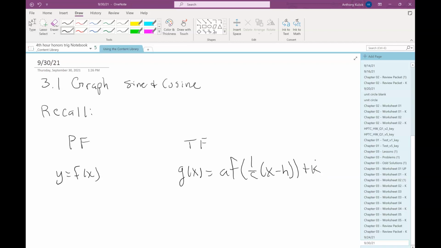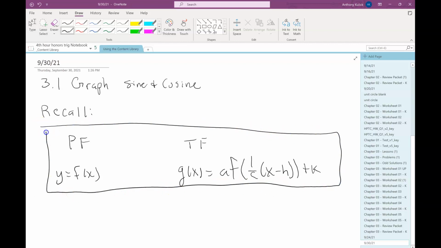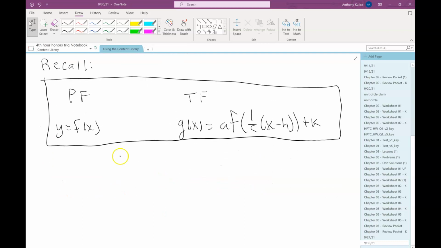So in chapter 1, we talked about any function, any f of x, can be transformed by doing a dilation or some kind of reflection or some kind of translation through this function g of x using just these coefficients a, c, h, and k. So this will be of particular interest to us. And then I can get the graph.